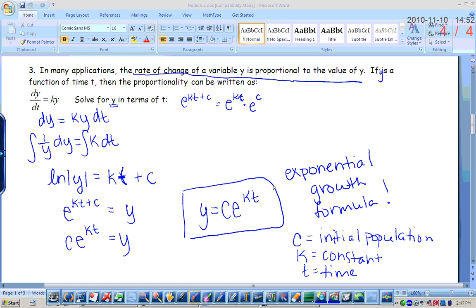I hope that's right. So if you start with a really small amount of bacteria, then at first the rate of change is going to be really small because you don't have much going on. But once you get 1 million bacteria that are all dividing, then your rate of change is really big. So the rate of change is proportional to whatever amount you have present. And that's why you can use this formula right here.